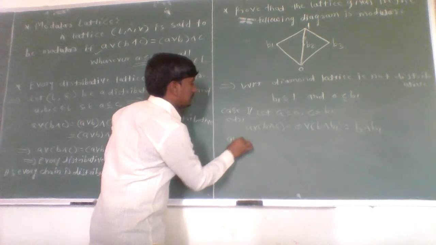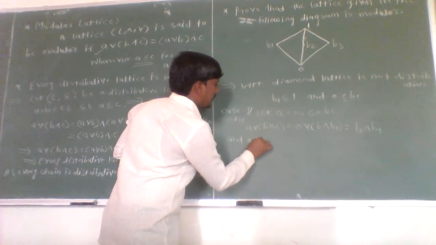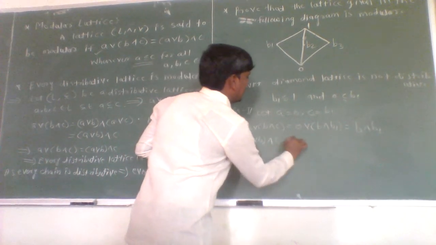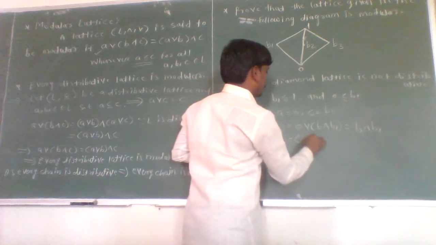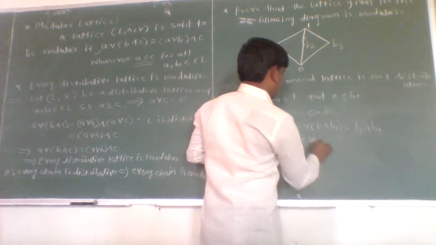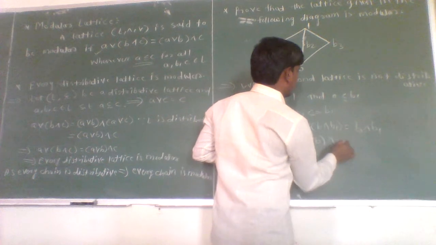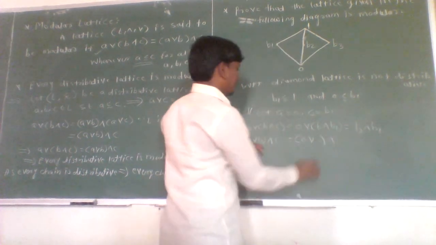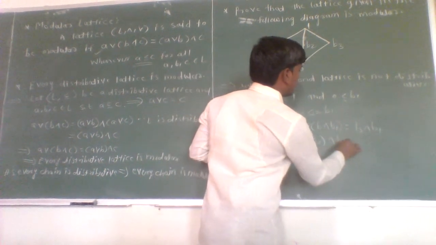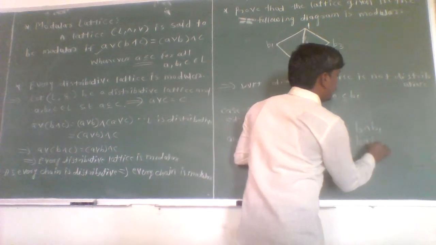And a join b meet c is again 0 join b meet b1, which is b meet b1.